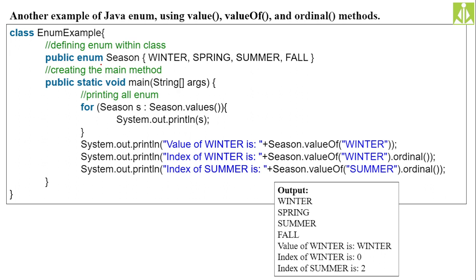Quickly check that one. Value of winter is winter. For the index of summer, you just call ordinal, and the ordinal method will return the index. The valueOf method will return the value, so when you pass winter, the value will be winter only.